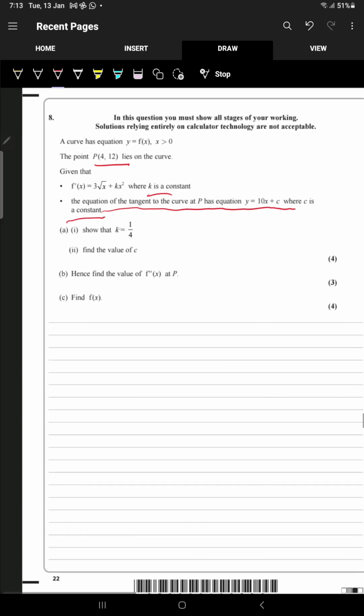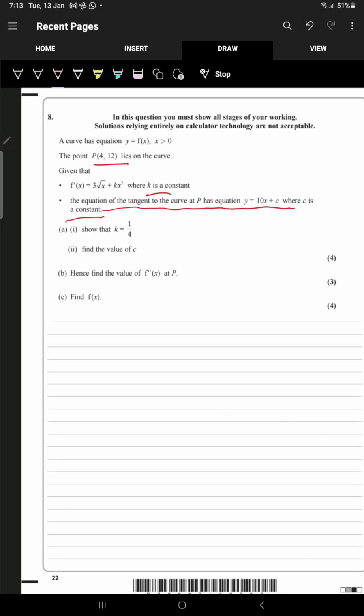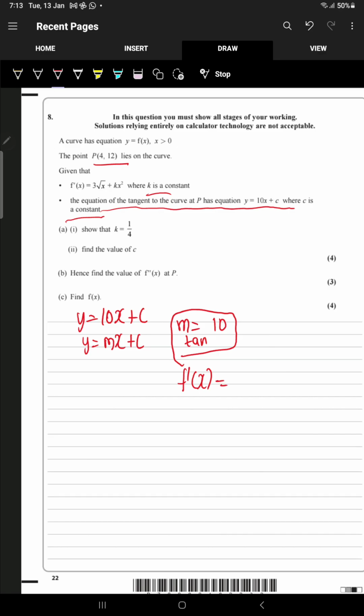Alright, so we have y is equal to 10x plus c. This is a tangent equation, so this is basically in the form y is equal to mx plus c. So m of the tangent is 10. We can extract the gradient from here. And whenever we do f dash of x, we basically substitute the x coordinate, and we find the gradient of the curve.